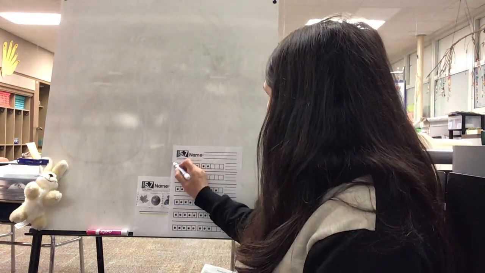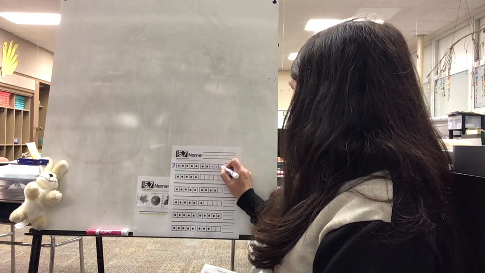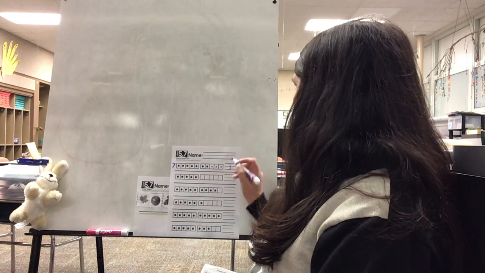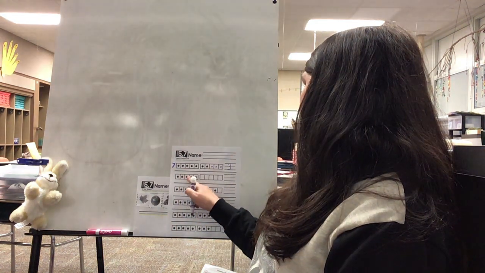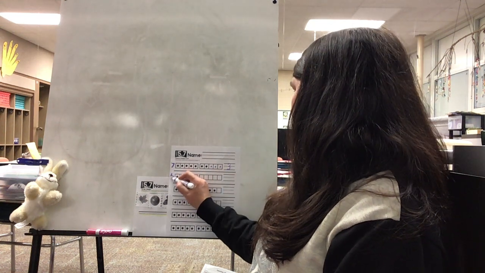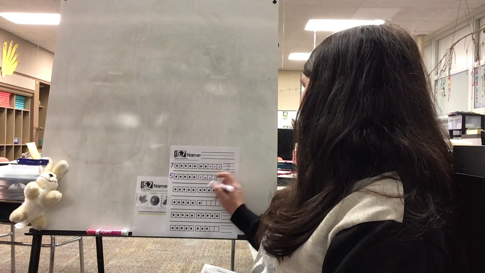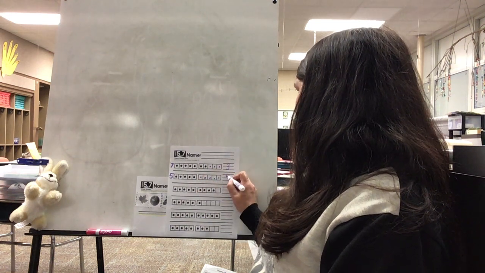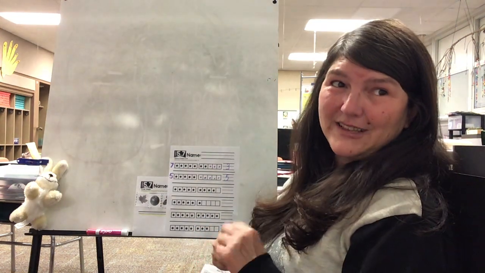So there are 7, and I need 8, 9, 10. I need 3 more to make 10. 1, 2, 3, 4, 5, 6, 7, 8, 9, 10. That's 5 more to make 10. So 7 plus 3 makes 10, and 5 plus 5 makes 10.